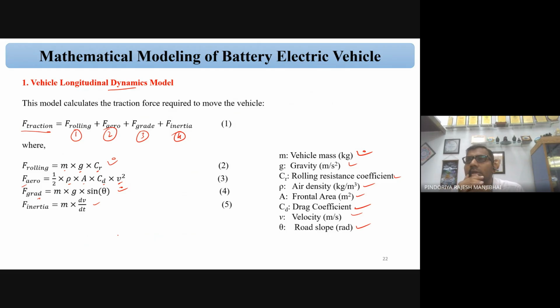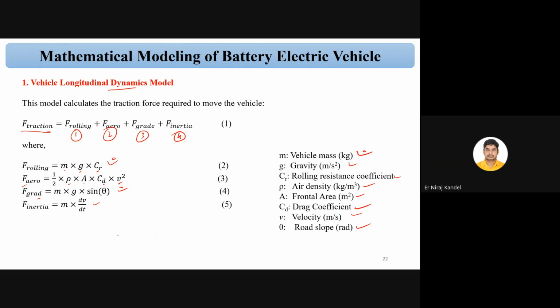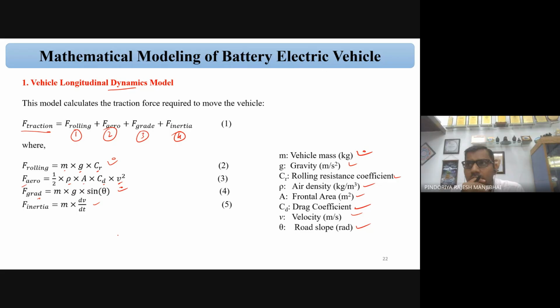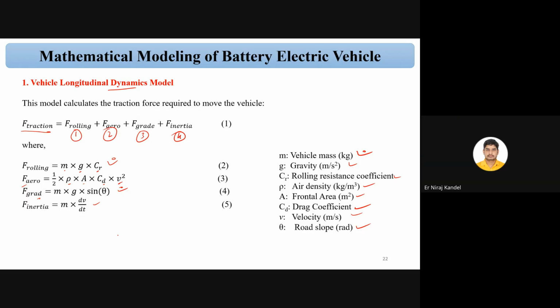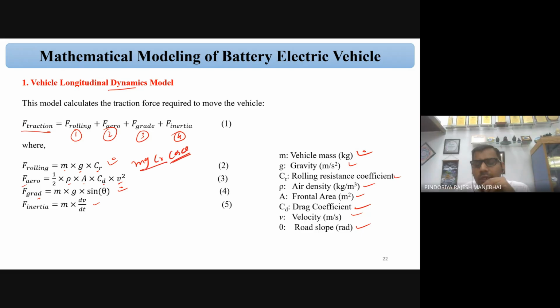Just one minute. In lecture two, I wrote m g Cr cos theta as the rolling resistance force, the downward force. So you are saying the cos theta is a missing term? Yes, sir.